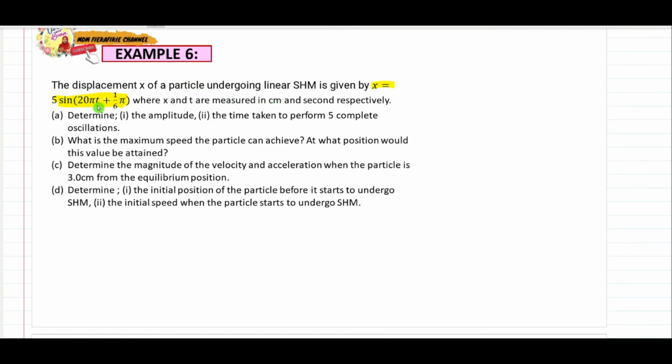Okay, so from the equation, let's write the equation first in order to answer question A, where x equal to 5 sine 20 pi t plus pi over 6.